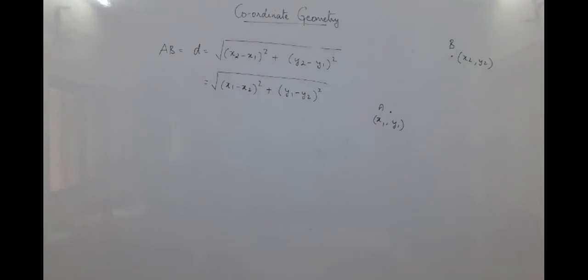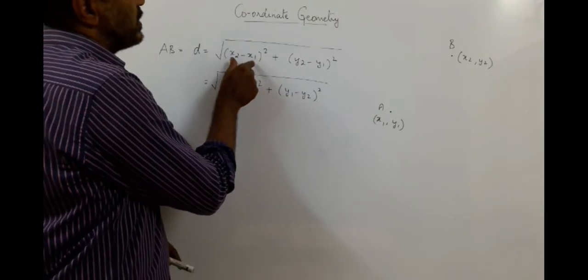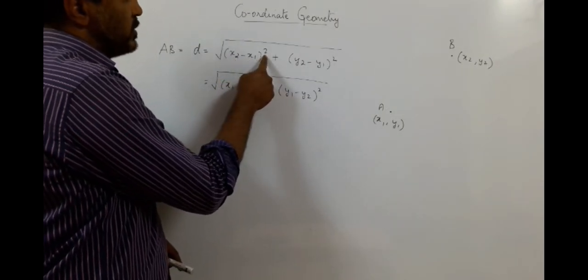Now should I do that? Am I allowed to do this? Or will it make any difference? Yes? You will see it makes no difference because if x2 is bigger than x1, then x2 minus x1 is positive, the square is positive.